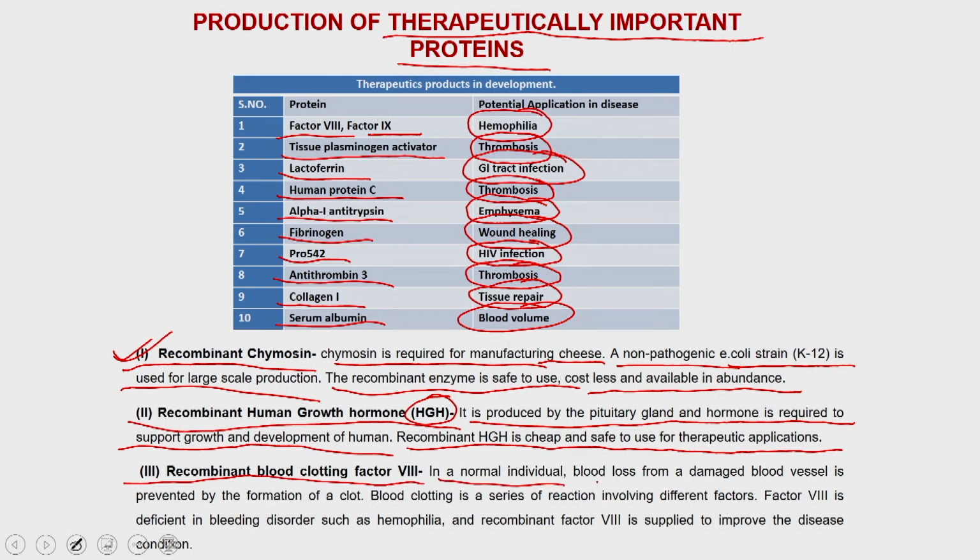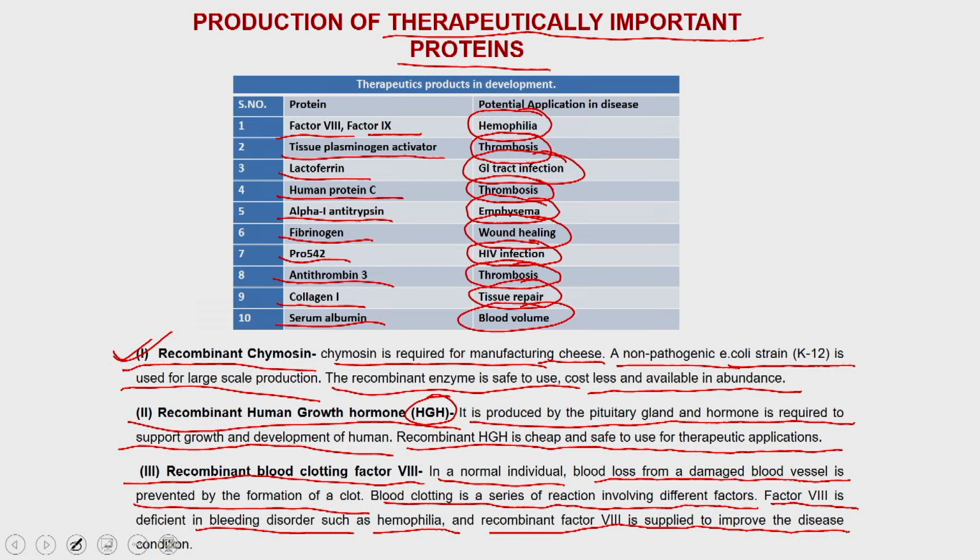In a normal individual, blood loss from a damaged blood vessel is prevented by the formation of a clot. Blood clotting is a series of reactions involving different factors. Factor 8 is deficient in bleeding disorders such as hemophilia, and recombinant factor 8 is supplied to overcome the disease condition. What happens is that when you get an injury, you activate either the intrinsic pathway or the extrinsic pathway.